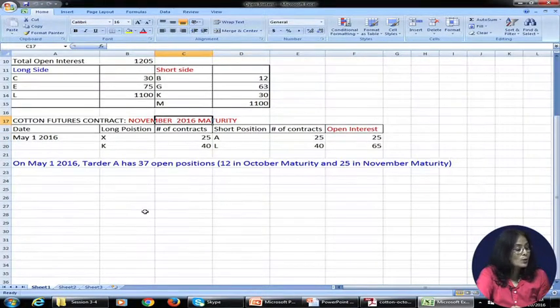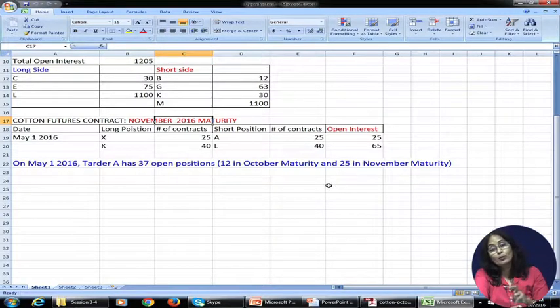So that means on May 1st, trader A has open positions, 12 for October maturity and 25 in November maturity. So combining both October and November contracts, A has 37 open contracts, 37 open positions.